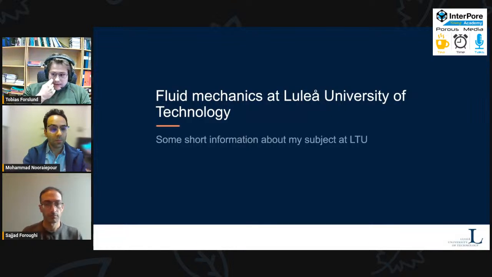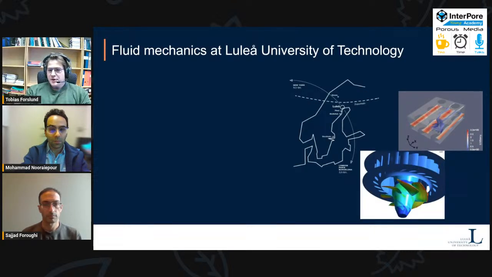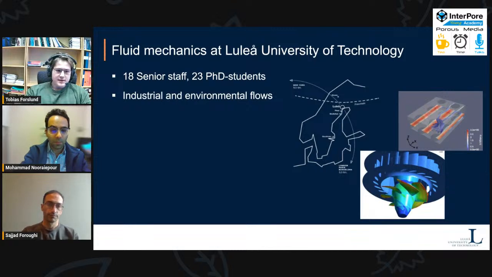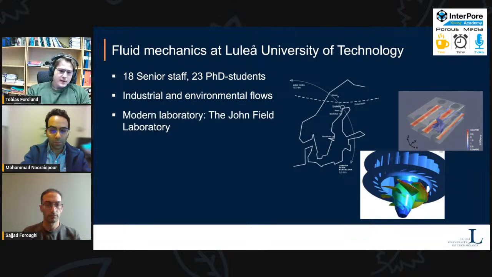So before we get into any of the details, I would just like to shortly present our department or my subject here at LTU. So we're located just below the polar circle here in northern Sweden, and we have 18 senior staff and 23 PhD students. We do a lot of industrial and environmental flows, especially coupled closely to the industries that are here locally in northern Sweden.